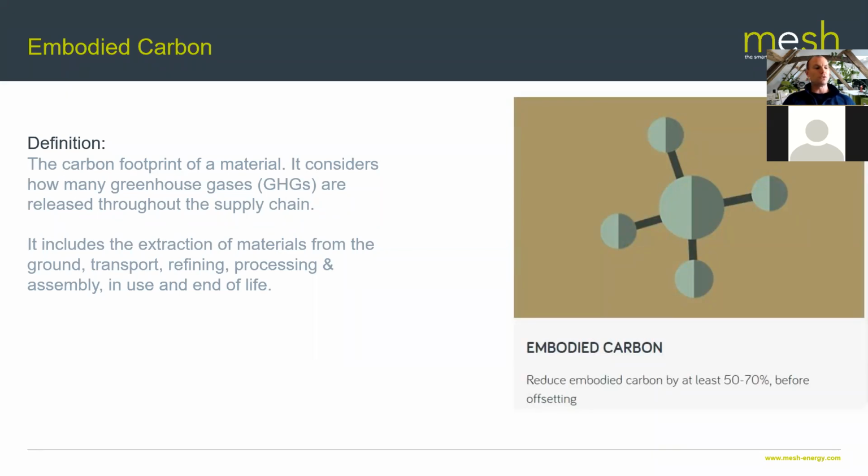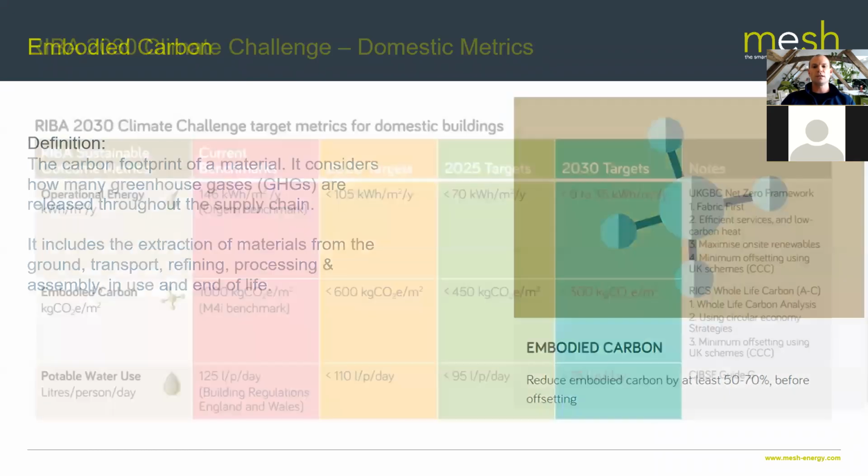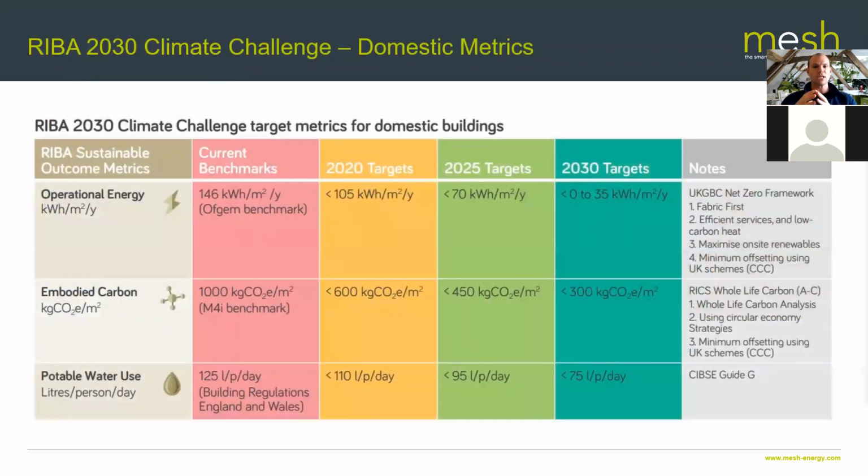There's a lot of work being done on embodied carbon, and a bit of a disconnect between what the RIBA, the Greater London Authority and a couple of other bodies say the levels should be. We're hoping for clarity on that in the next few months. As I say, we've done entire webinars on that, so if you want more information, feel free to check out our YouTube channel.